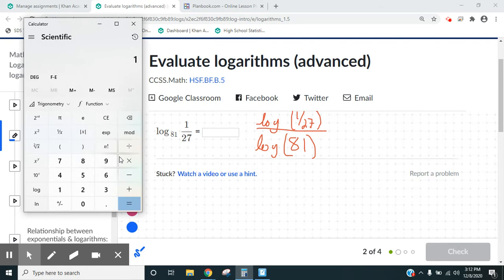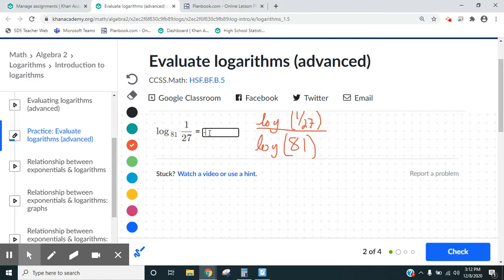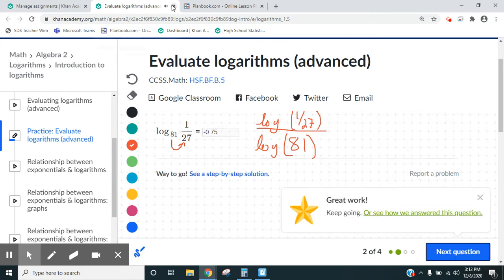So we're going to say 1/27th, and then take the log of that, divided by 81 log. I get -3/4, right? So you can get a negative answer. It's a negative because when you go from a whole number to a fraction, you should expect negative exponents. All right, now let's move on.